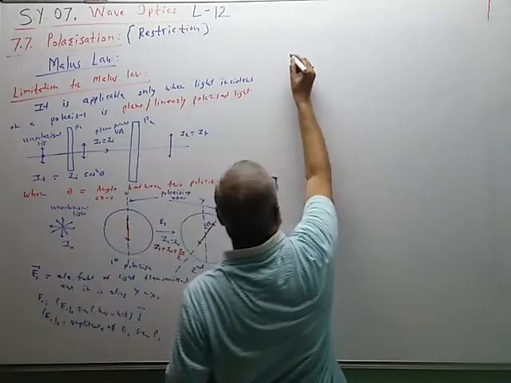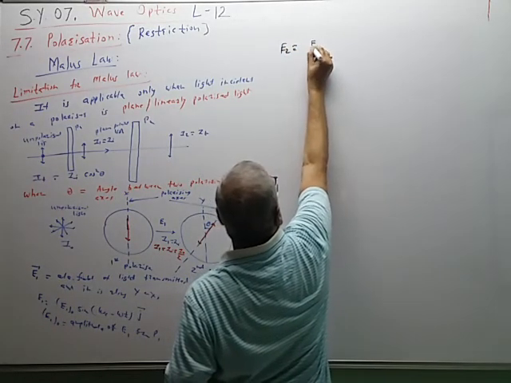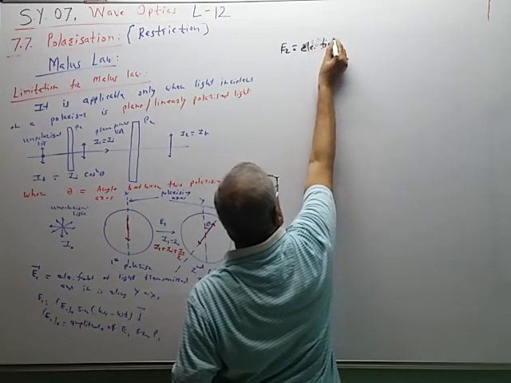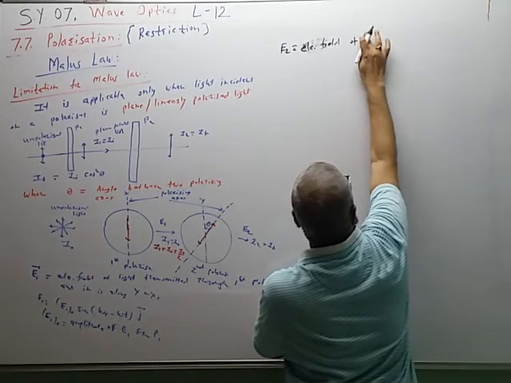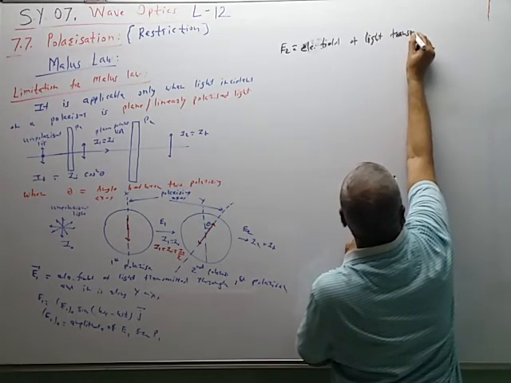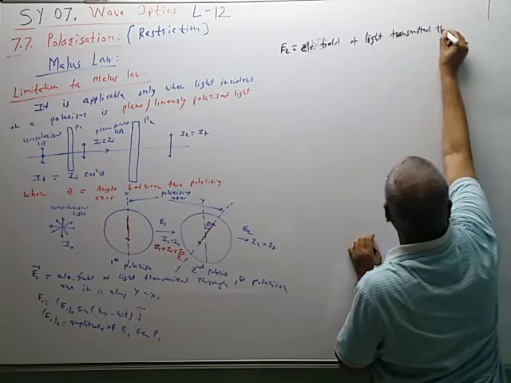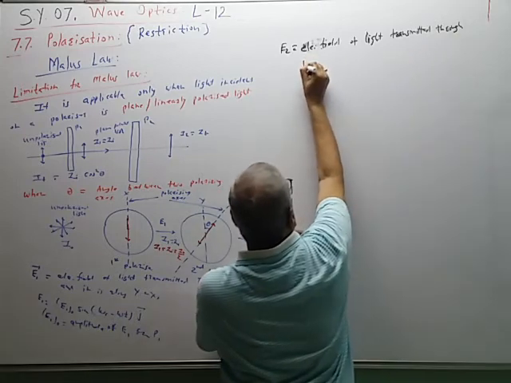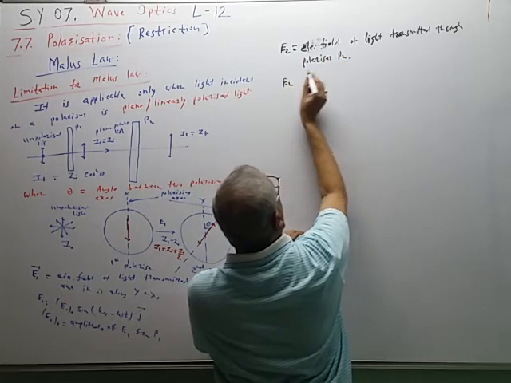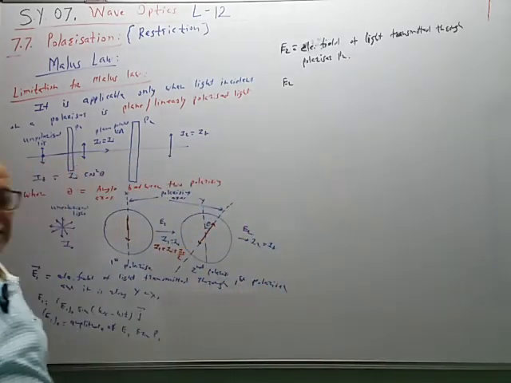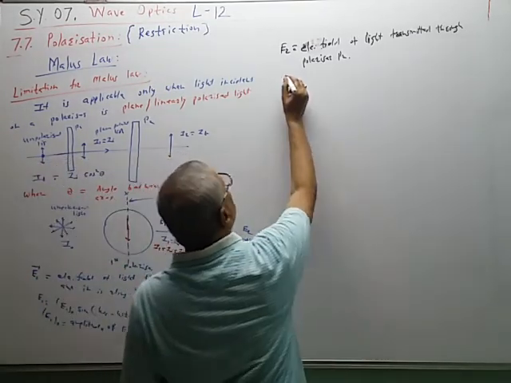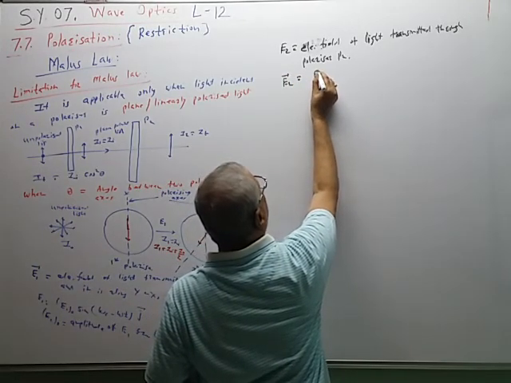So E2 is the electric field of light transmitted through polarizer P2. So it is inclined at an angle theta.